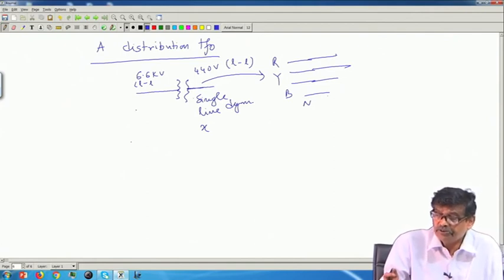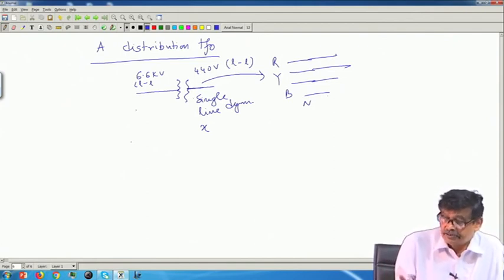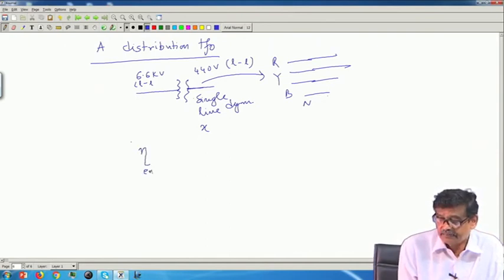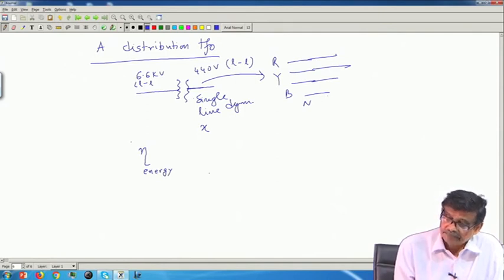Therefore, a distribution transformer is to be judged not from the ordinary efficiency that I have told you, and there is another efficiency called energy efficiency, eta energy.